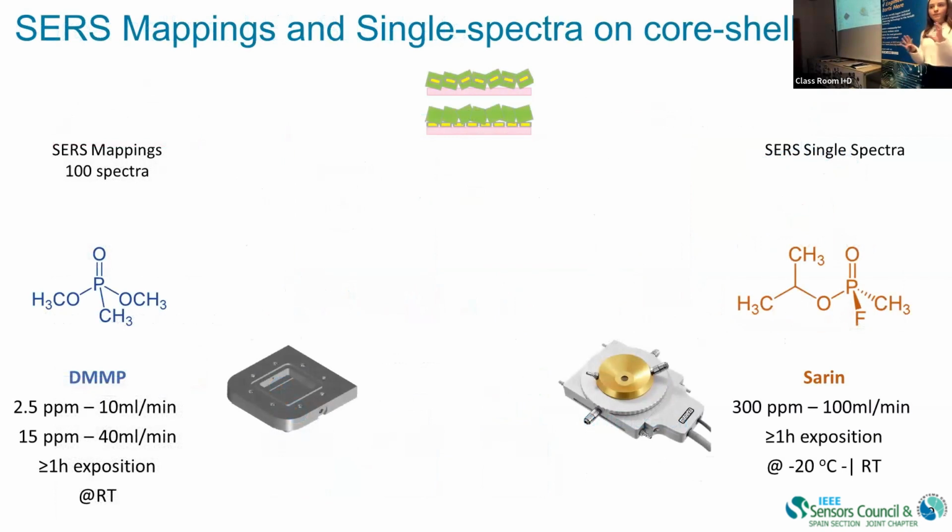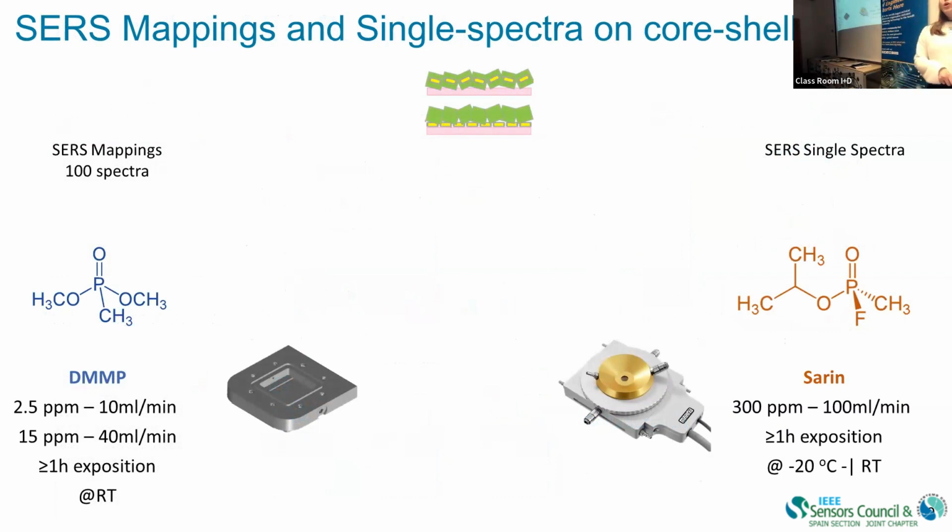Just to separate a little bit what we did, different parameters for each of the compounds. For the DMMP here, we worked at lower concentrations and lower fluxes as well, especially because we used a small chamber. When I say flux, it's just the velocity, the speed of the flux inside the chamber. And we also used only room temperature.